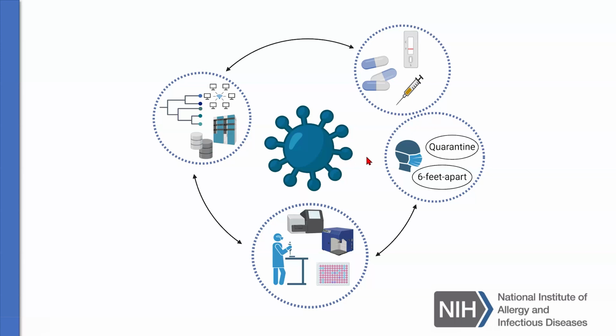And then if we need to provide recommendations to the public, do we need additional measures, for example, the 6 feet apart social distancing, wearing masks, and quarantine that everyone is fully familiar with? So this is a really simple diagram showing how much we have to do in order to fight the virus that we identified.